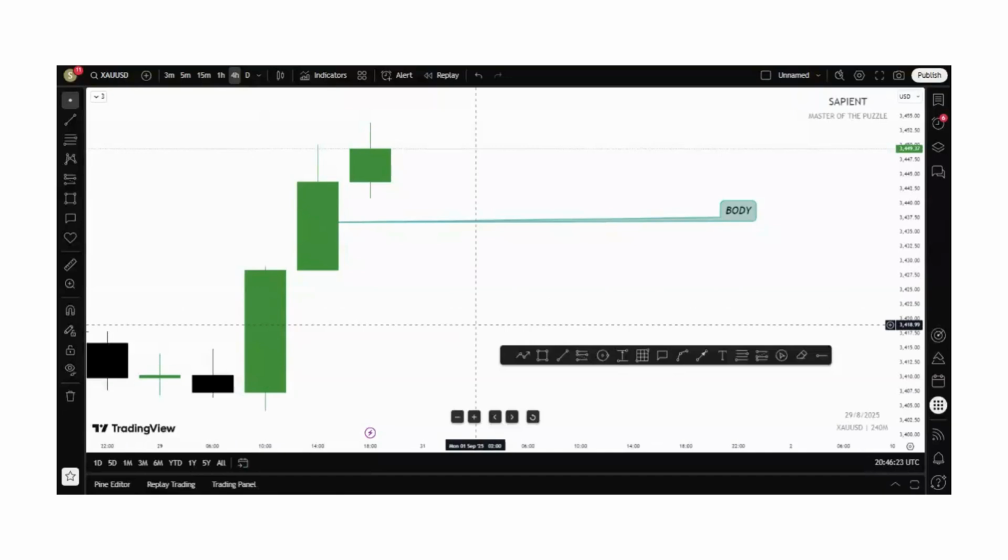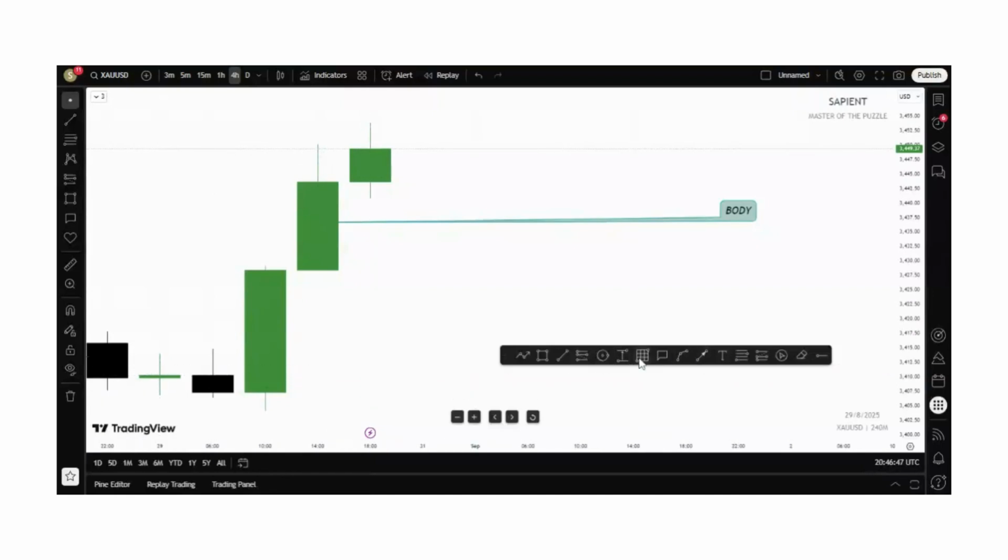Now we have identified what a body is. Now let's identify what a wick is. This pointy line that you can see here is called a wick.